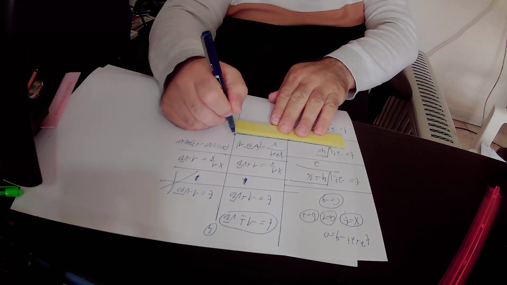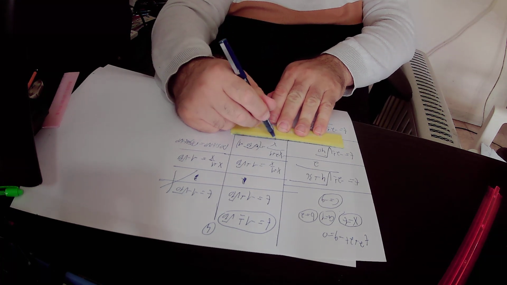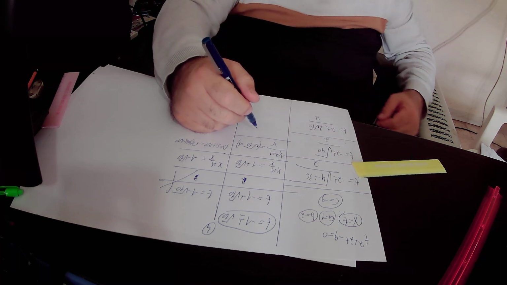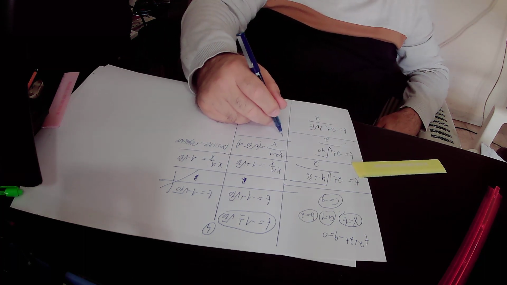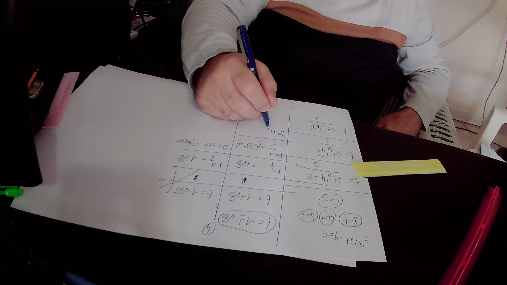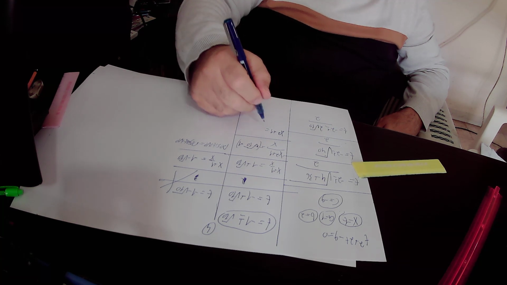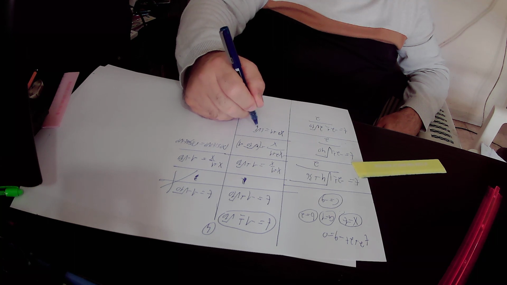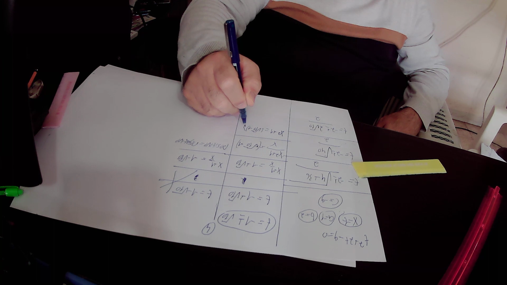Here we multiply this equation by x, and we get that x squared plus 1 equals square root of 10 minus 1 times x.